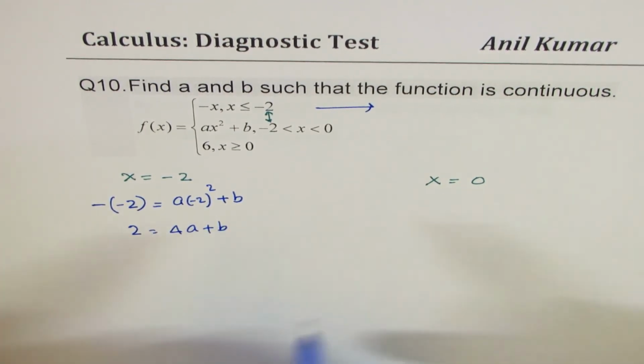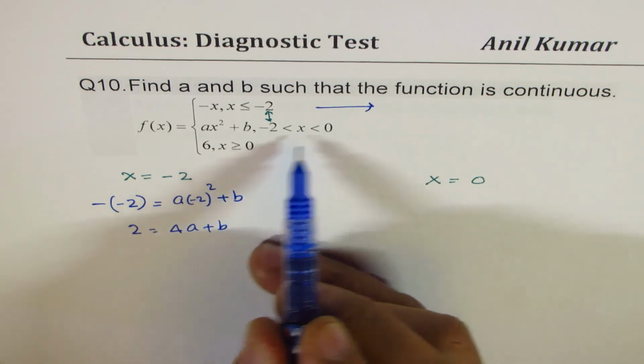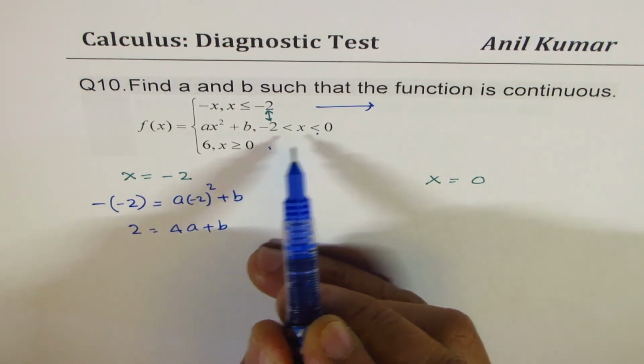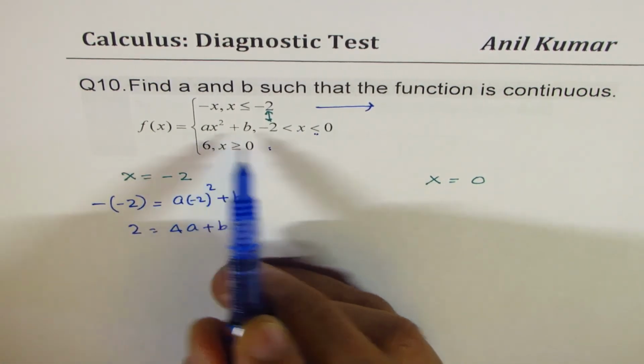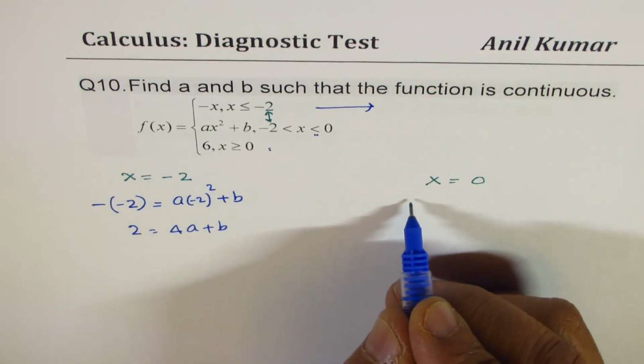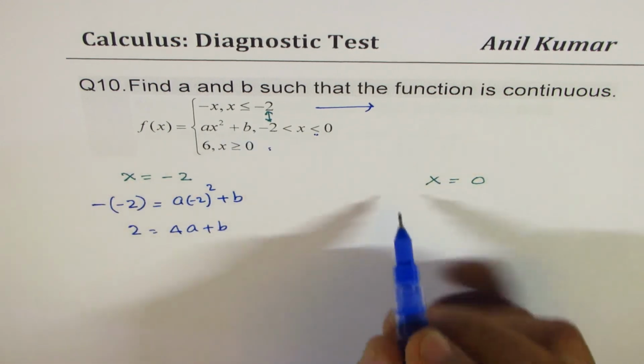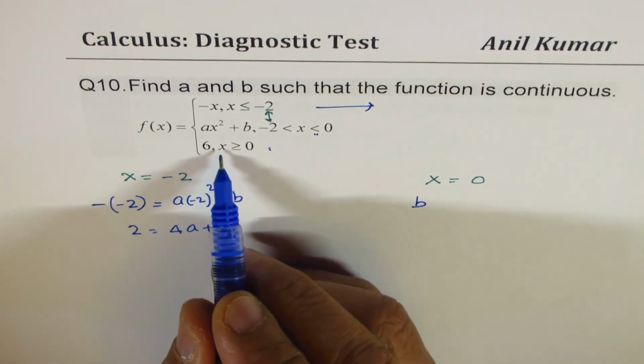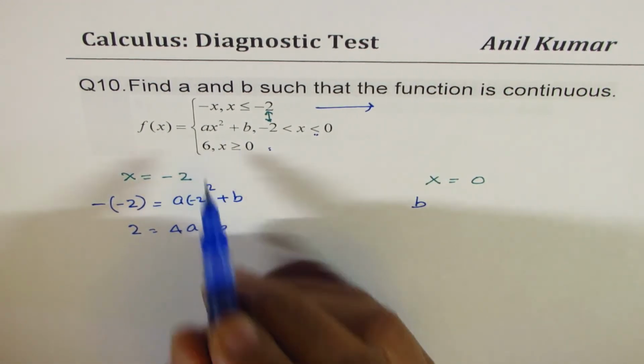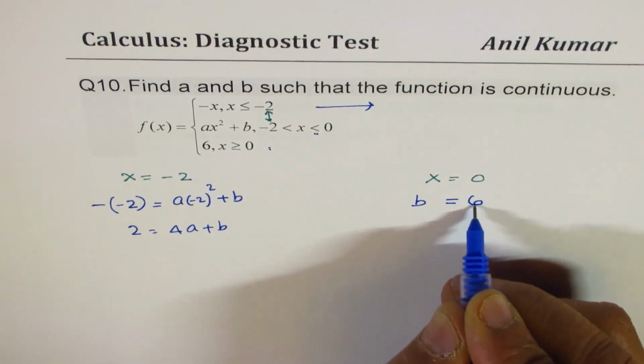On the other hand, if I substitute 0, now 0 links these 2 pieces. They should overlap, right? So if I substitute 0 here, we get b here. And if I substitute 0 here, well, it is constant 6. b should be equal to 6.